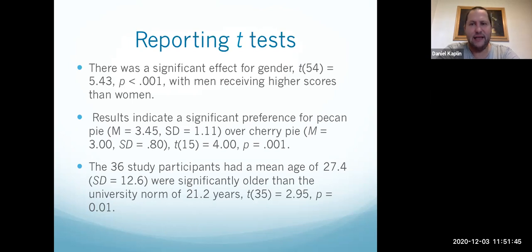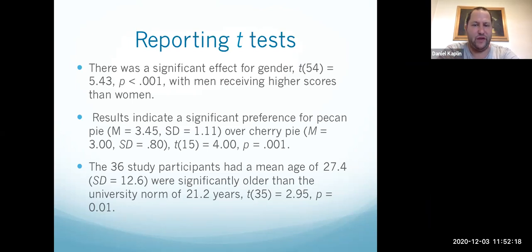This sentence likely would follow a sentence before it that reported means and standard deviations. Now, the second example is the most preferred example for me. Results indicate a significant preference for pecan pie, mean equals 3.45, standard deviation equals 1.01, over cherry pie, mean equals 3.00, standard deviation equals 0.80.